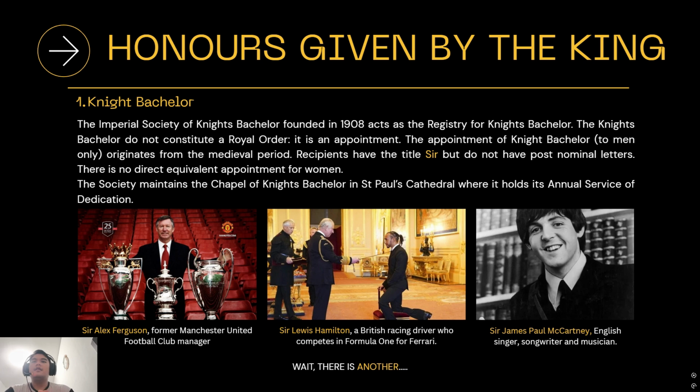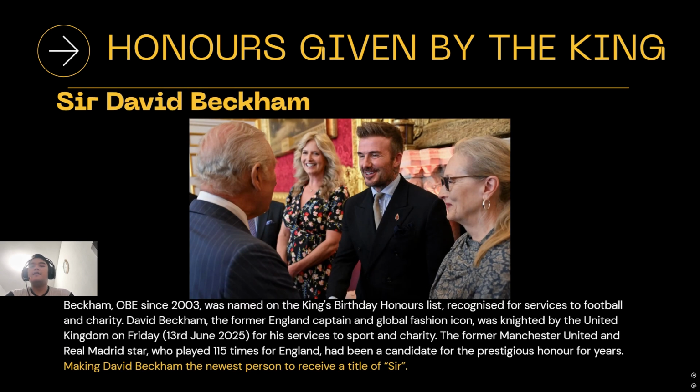But wait, there is another. It's Sir David Beckham. Beckham, OBE since 2003, was named on the King's Birthday Honours list, recognized for services to football and charity.